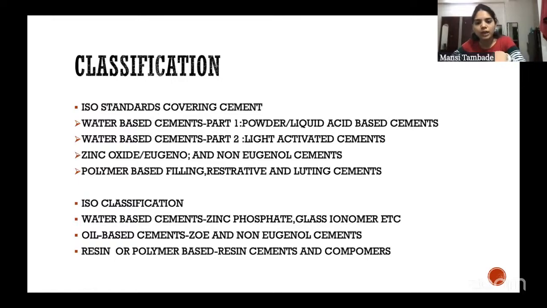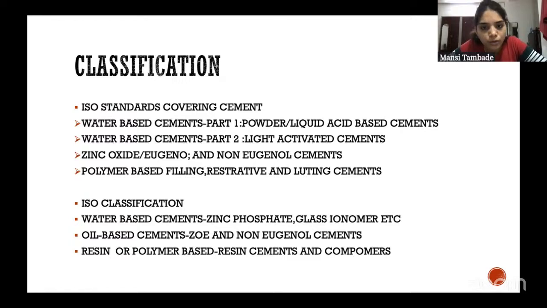Then the classification part. I have taken the classification from various books. You can refer to the classifications which your faculties or teachers tell you to write. You can definitely use that. I have taken these classifications. So these are the two types of classification. In this, water-based cements, powder liquid acid-based cements.